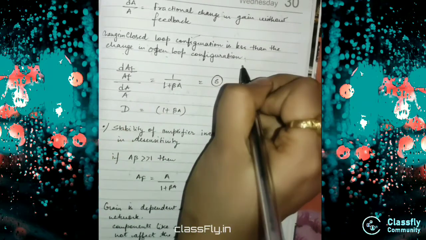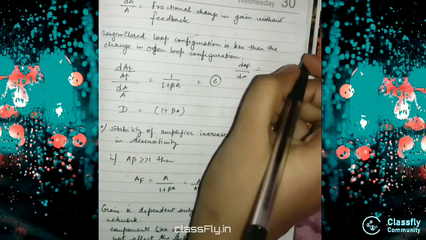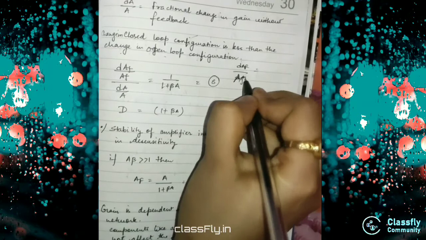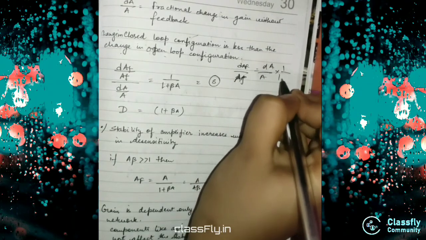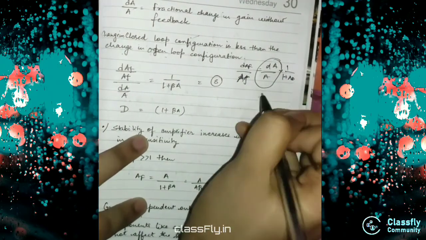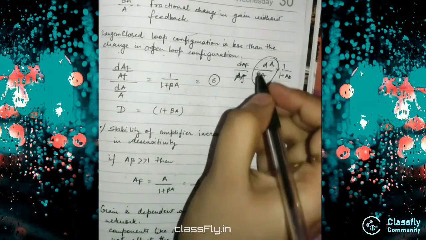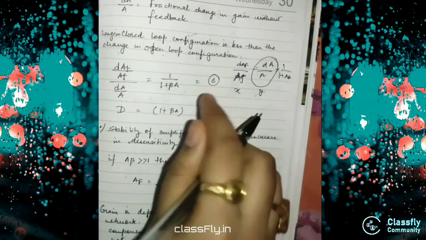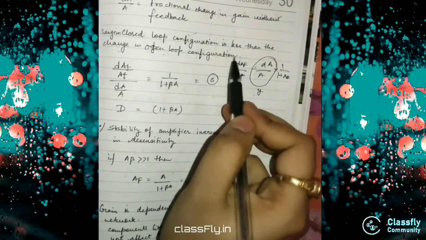See, what we had got is dAF by AF is equal to dA by A into 1 by 1 plus A beta, right? If I assume this as y and this as x, this is our closed loop.